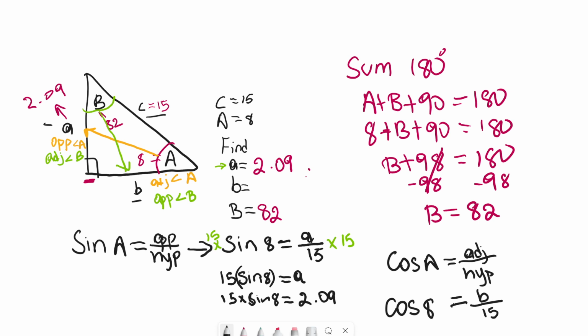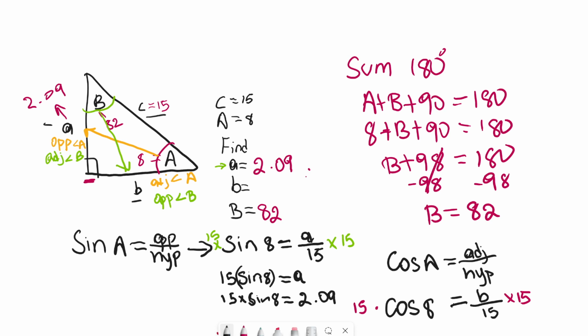But first I will need to isolate B. I need to get B by itself, right? And to do that, we're going to multiply, like we did before, both sides by 15. And so this should give us, well, B, right?